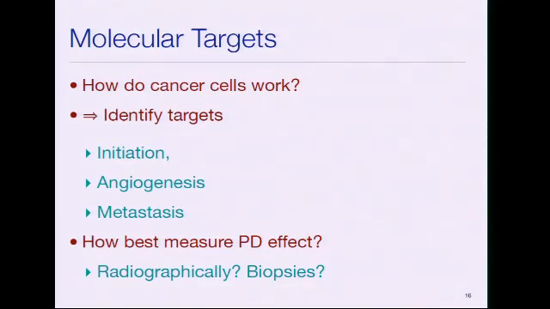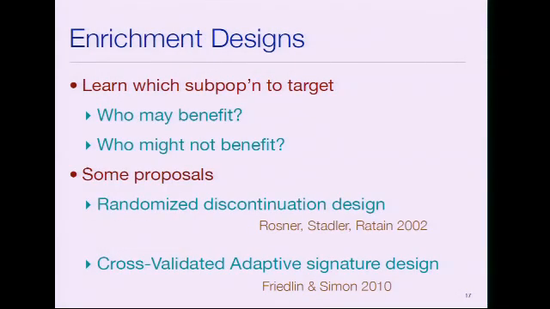How best can we measure the pharmacodynamic effect? Is another issue, whether we use radiographic measures, whether we use biopsies. I won't be talking about that in this talk, but that's also an important characterization and something else that might be incorporated as part of the assessment of the outcome.